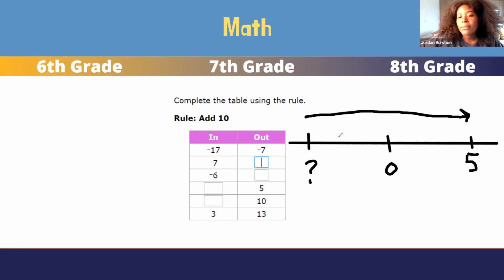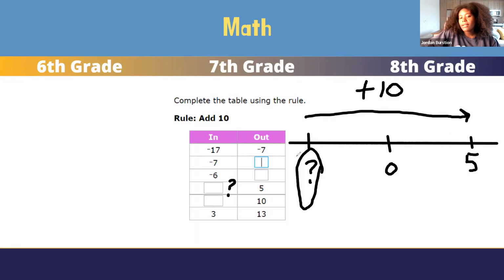What number did we start off with or put in to end up with 5 when we added 10? So take a look at that number line I drew and see if you can figure out where we started. They want to know where we started. All right, I see you typed something, -5.